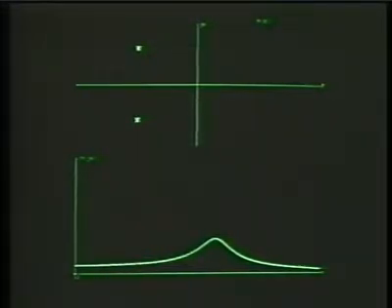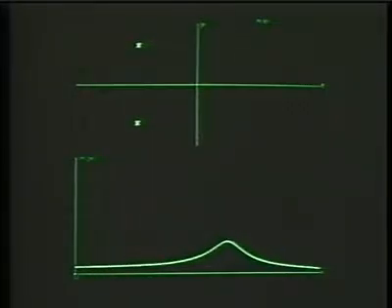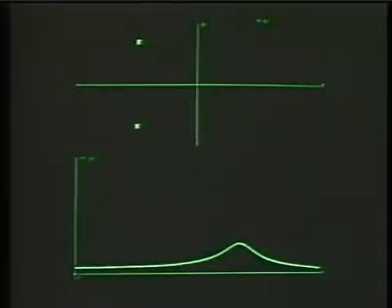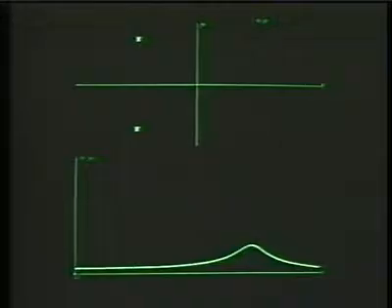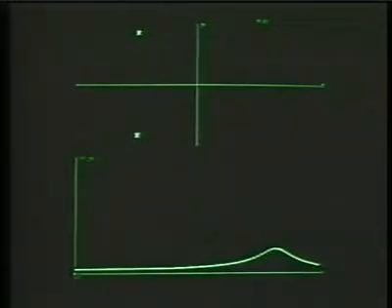Here we see the effect of moving the poles parallel to the j omega axis. And what we observe is that, in fact, the frequency location of the resonance shifts, basically tracking the location of the pole. If we now move the pole back down closer to the real axis, then this resonance will shift back toward its original location.